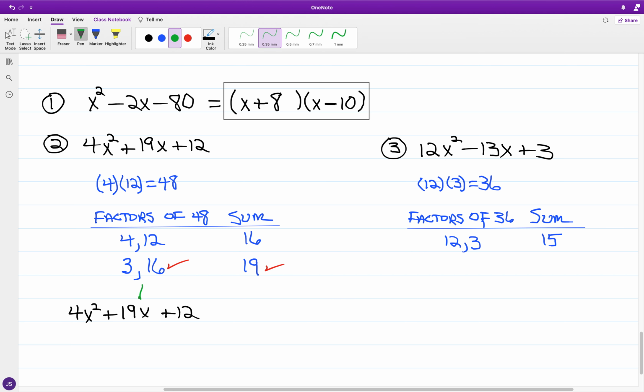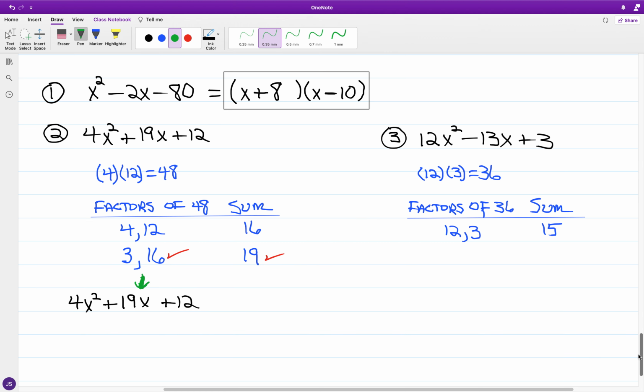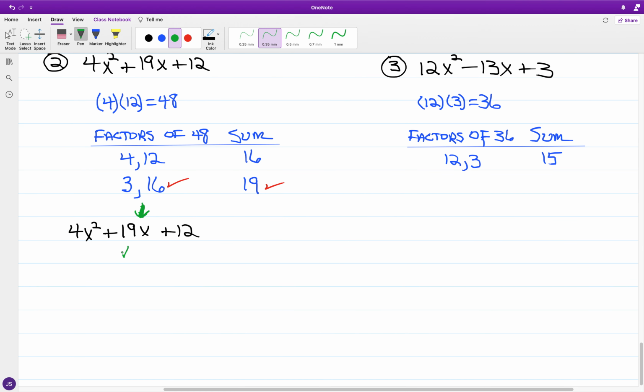Okay, so just taking what we have here. With our two terms, it could be 16x plus 3x or 3x plus 16x.